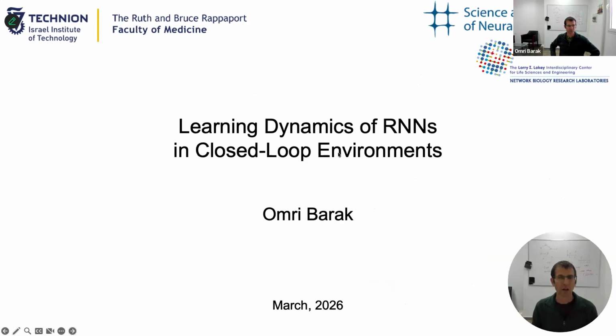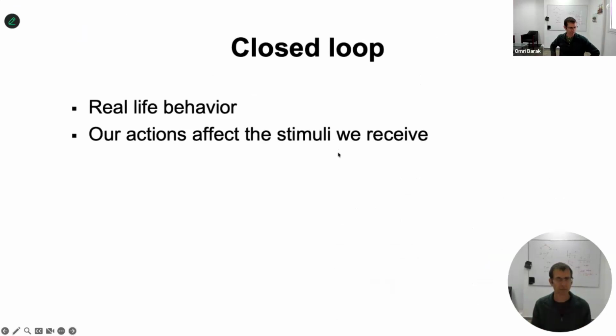Good morning. I'm sorry I can't be physically here, but I'll try to make this brief and interesting and somewhat interactive. Closed loop behavior. If I see a visual stimulus like this coffee capsule, then I can have a motor output which will direct my hand towards it.